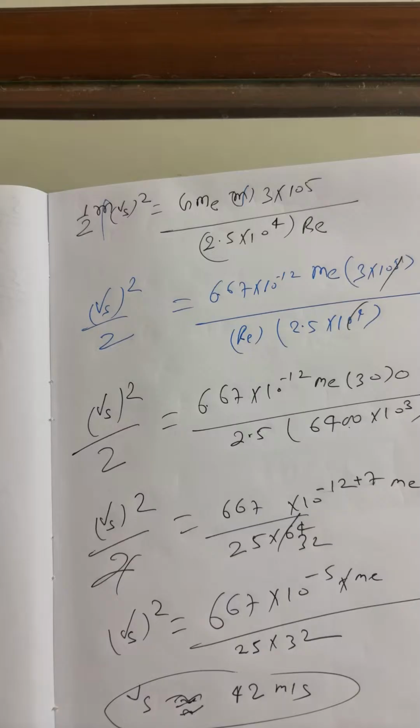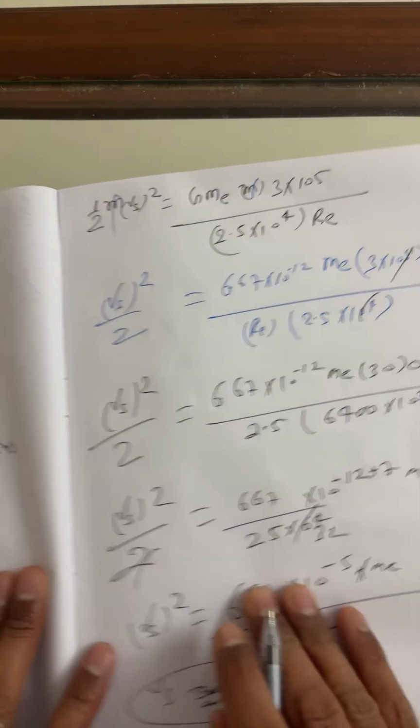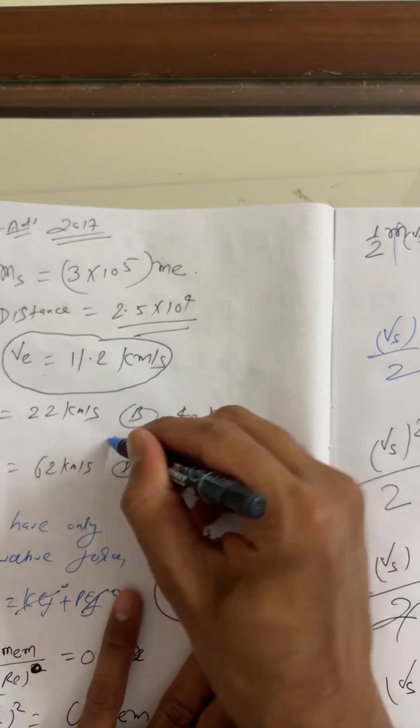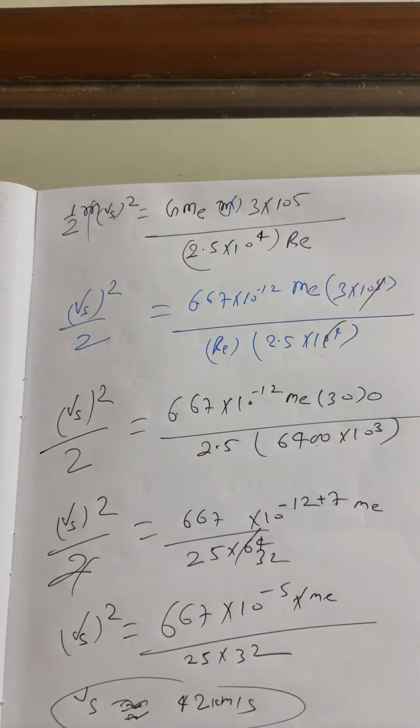Okay, student, I can say the answer here is in kilometer per second. So you can write it. This option is the correct answer. You can write, student, that this option is the correct answer for the question.